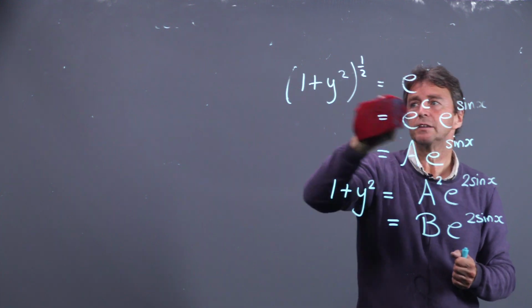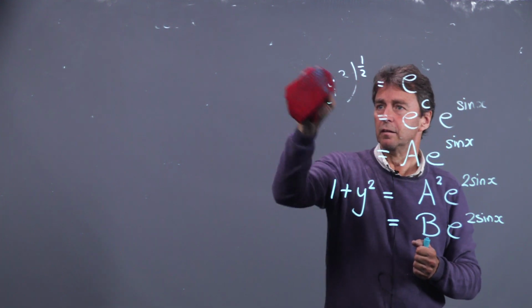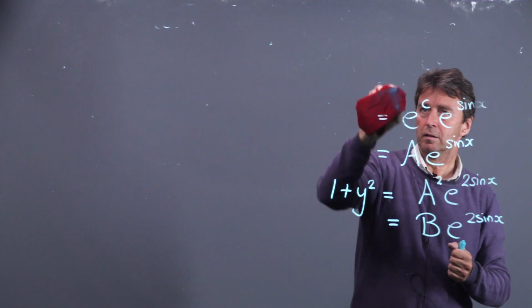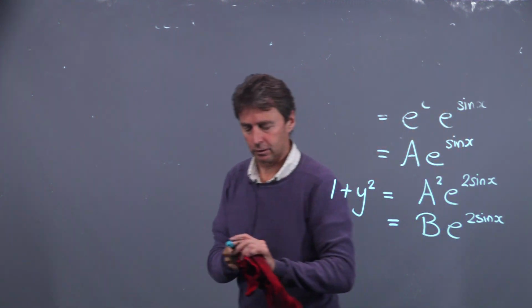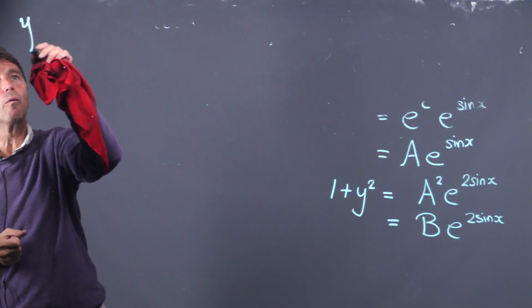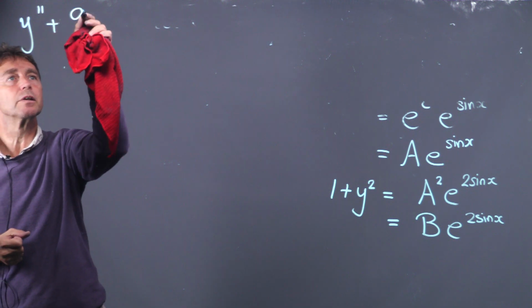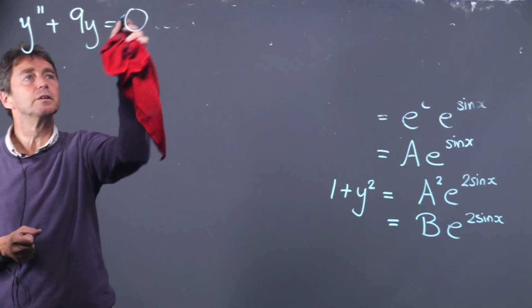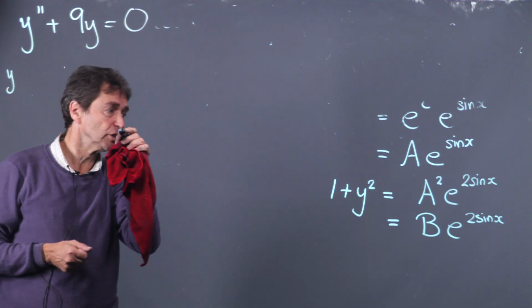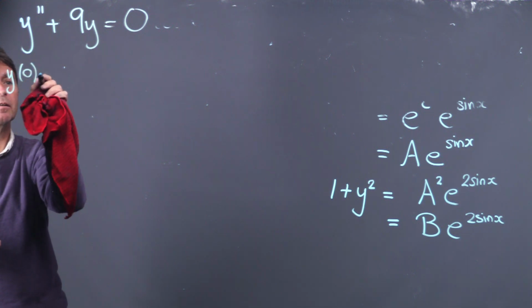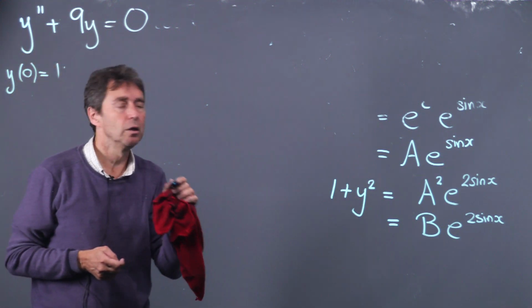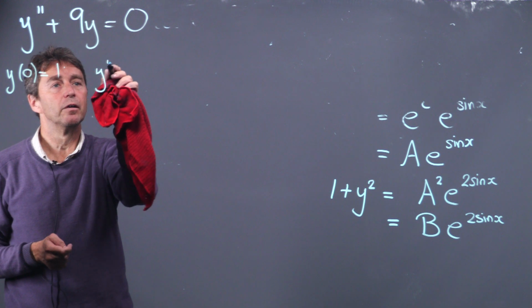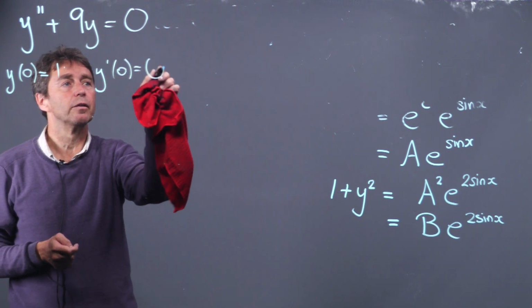Second order linear constant coefficient ODEs. So let's look at y double prime plus 9y is equal to 0 with the initial conditions y of 0 is equal to 1 and y prime of 0 is equal to 0.